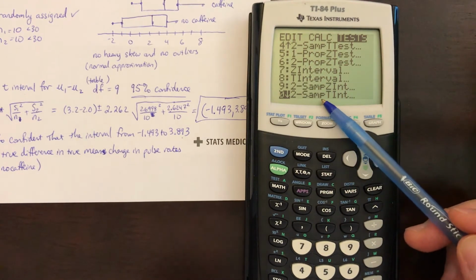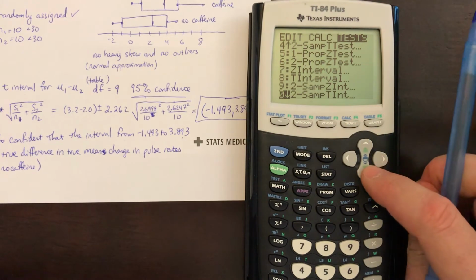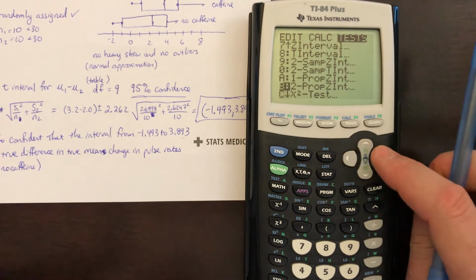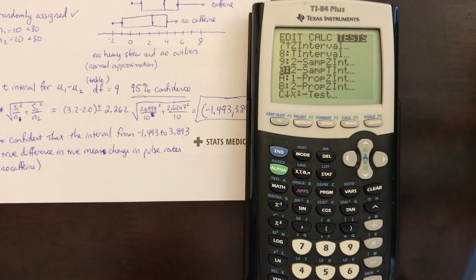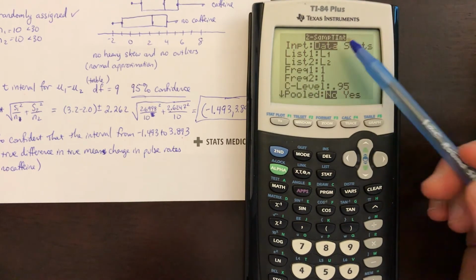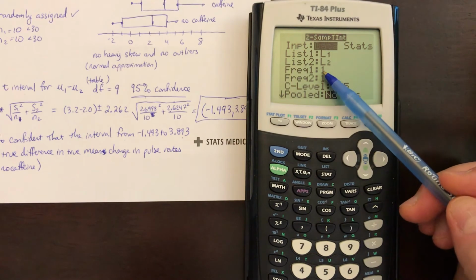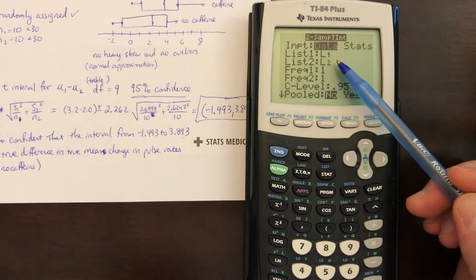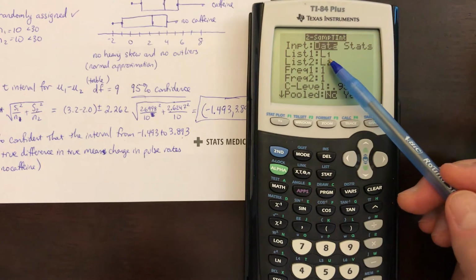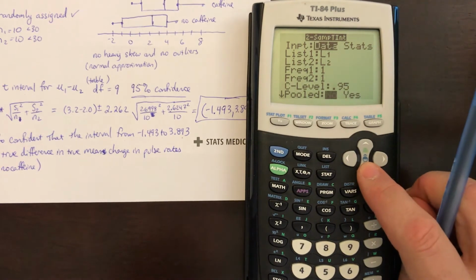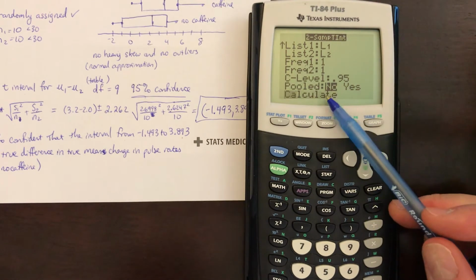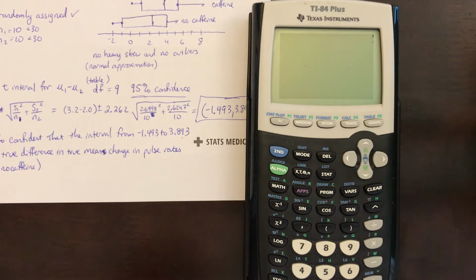Again, you have to be careful with the TI, because for the proportions we did a 2-proportion z interval, but when I go for t, it's a 2-sample t interval. If I have my data typed into list 1 and list 2, I can just go with this. The confidence level is 0.95. We're not pooling anything, we just calculate.